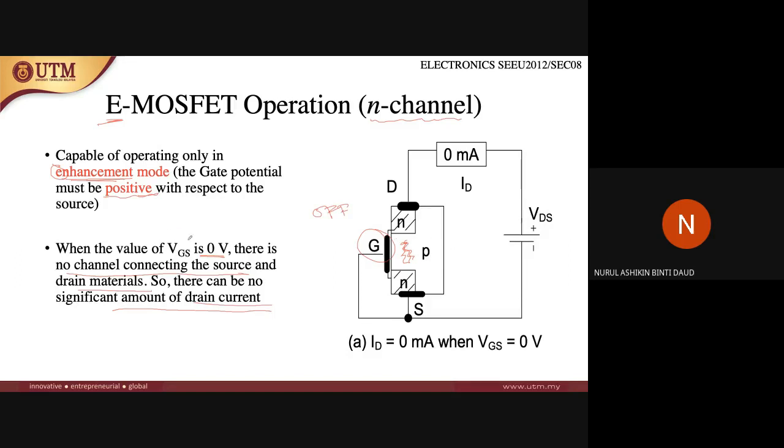So remember, when VGS is 0, there is no channel created between drain and source, so there is no flow of drain current inside this MOSFET.